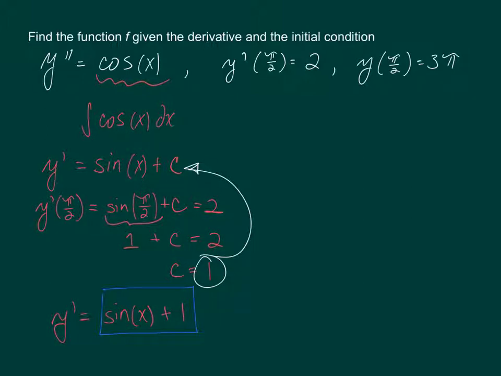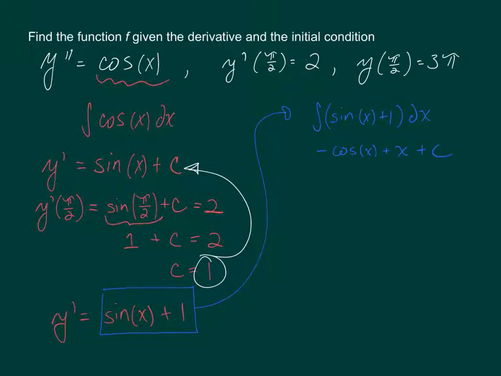And I'm going to do that over here. So the antiderivative of sine of x plus 1 with respect to x ends up being negative cosine of x plus x plus c.